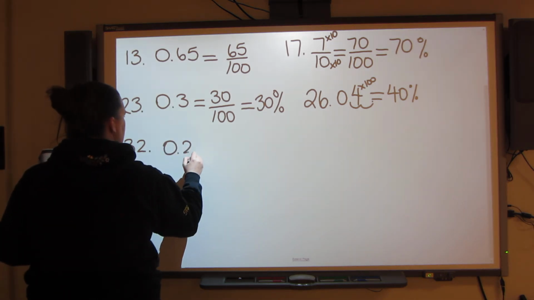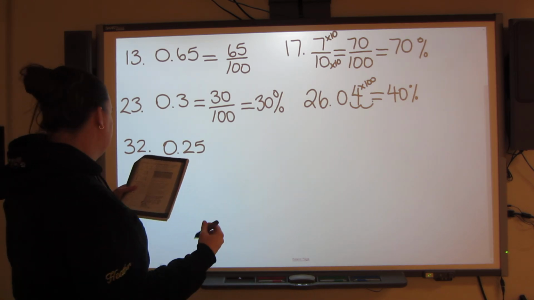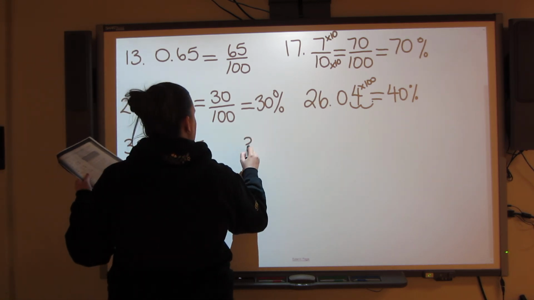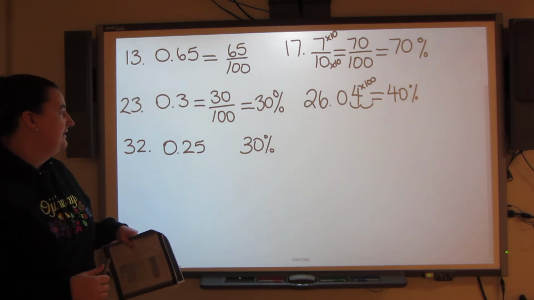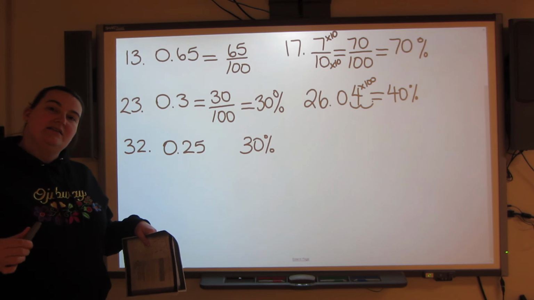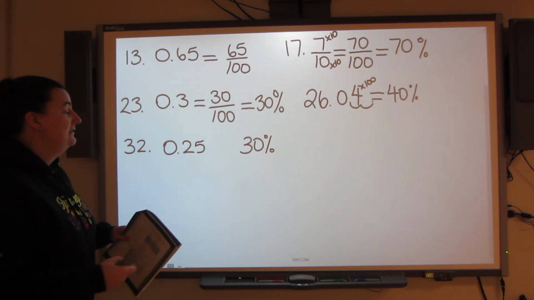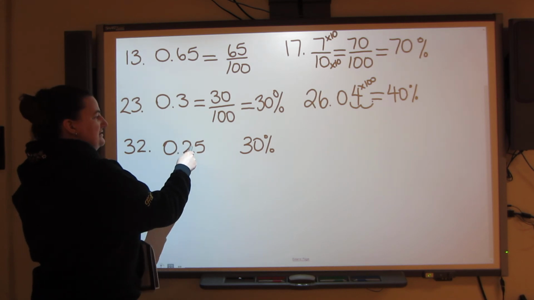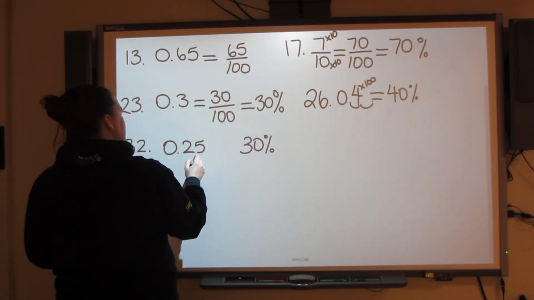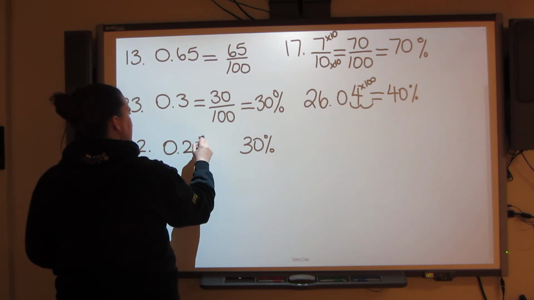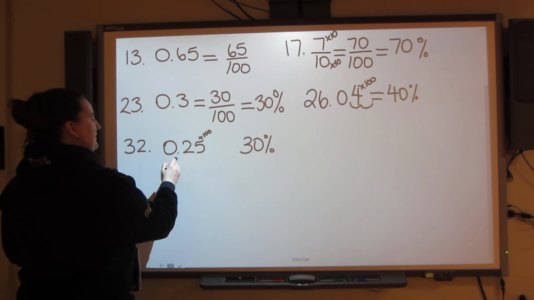I've got 0.25, or 25 hundredths. Is that the same as 30%? The easiest way to do it is let's change them to the same unit. I can change my decimal to a percent by multiplying by 100. So I'm going to multiply this by 100 to figure out which percent it's going to be.